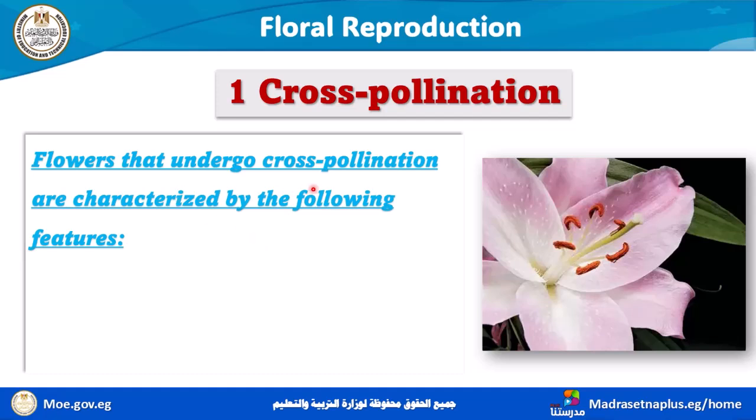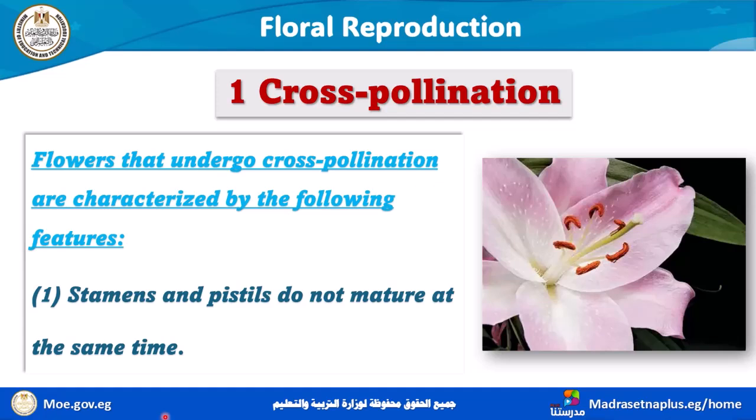Flowers that undergo cross-pollination are characterized by certain features. What are the features that must exist in flowers that undergo cross-pollination? Let's explain these features together. The first feature: the stamens and pistils don't mature at the same time.